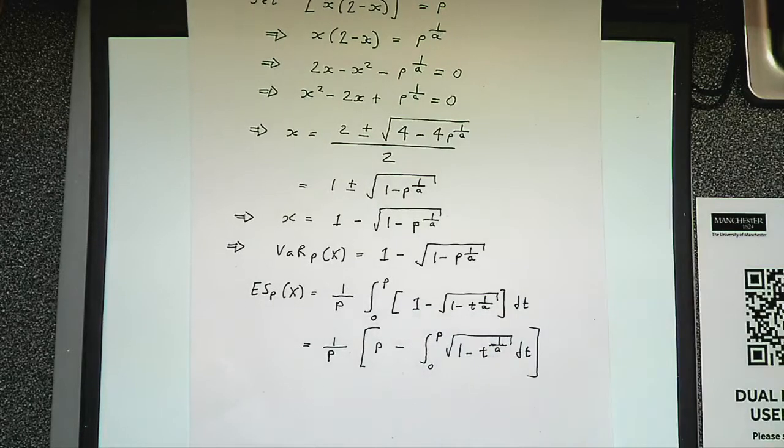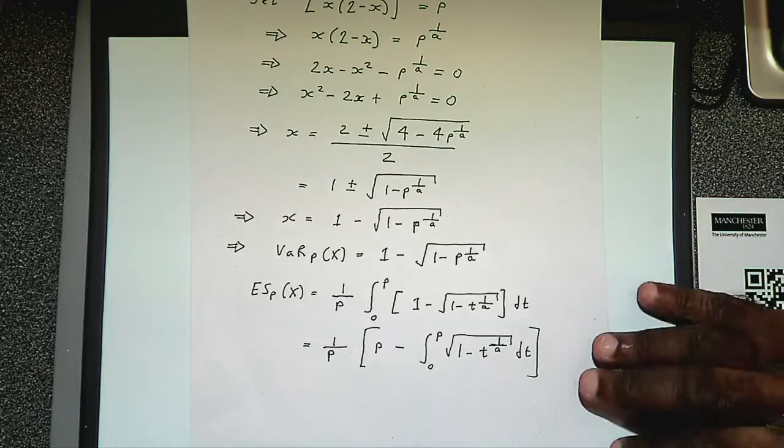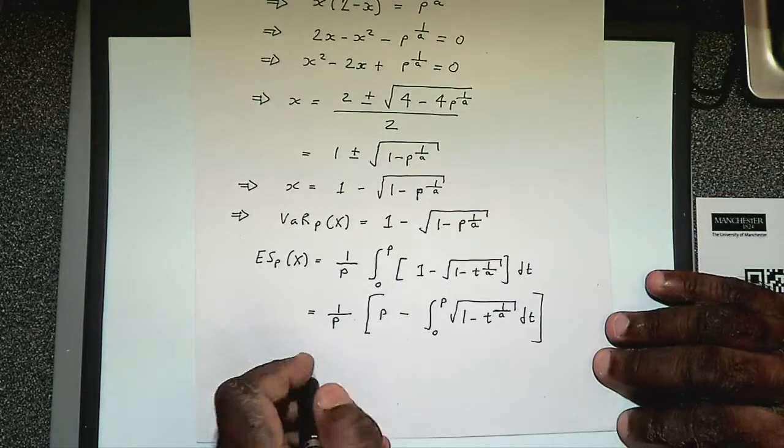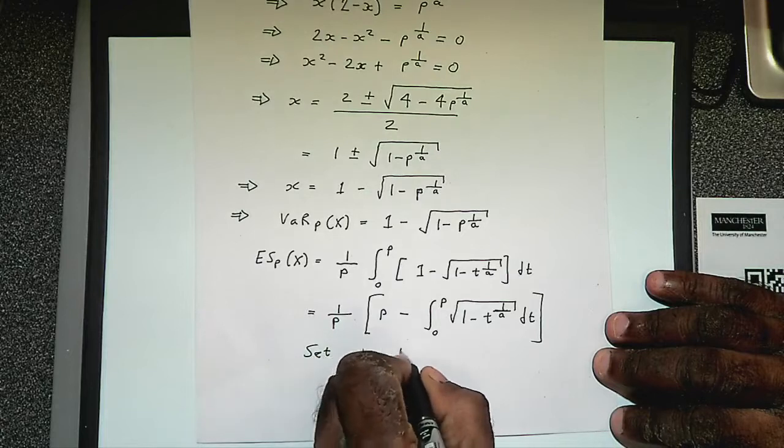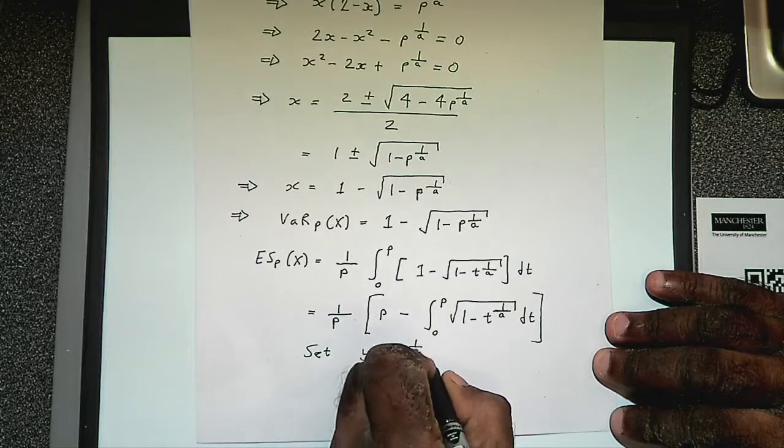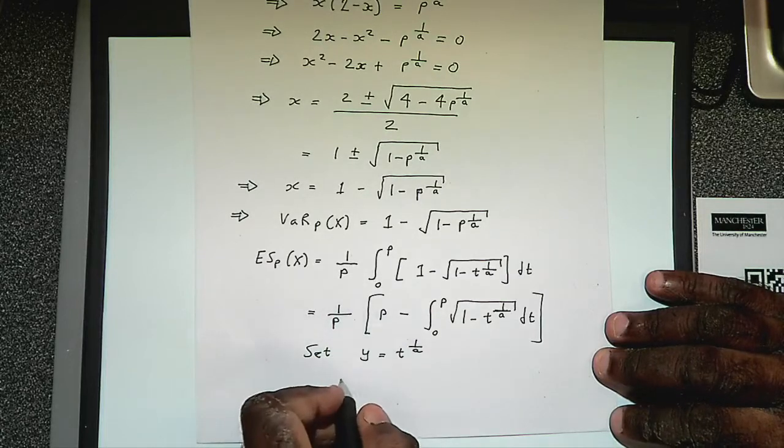All right, now to integrate the second term, you can do some substitution and see if it works. So what I'm going to do is make the substitution: set y equal to this, and let's see if it works.